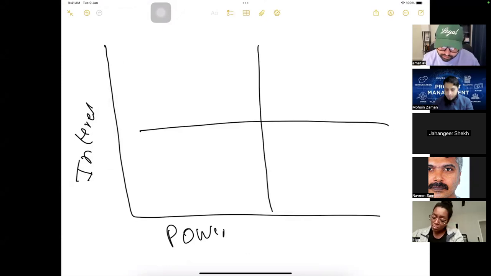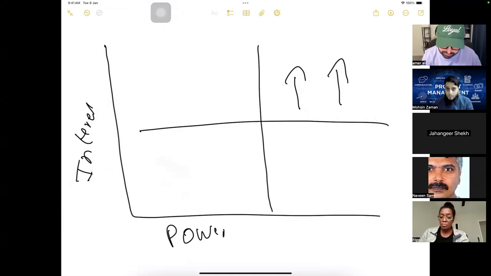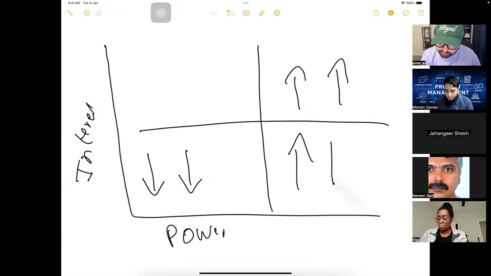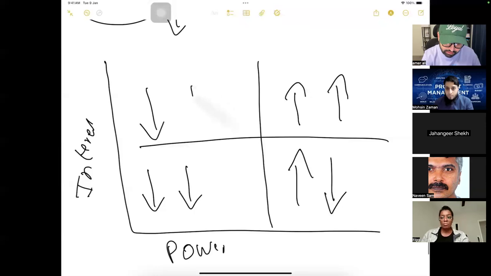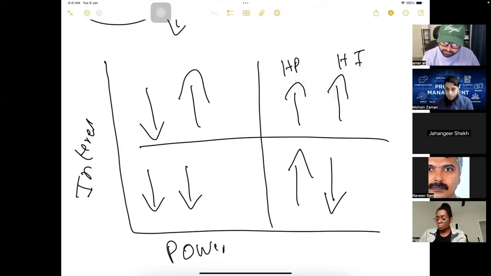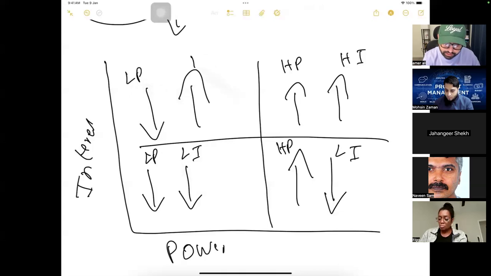Those stakeholders who have high power, high interest, low power, low interest, high power, low interest, low power, high interest. This is high power, high interest. This is high power, low interest. This is low power, low interest. This is low power, high interest.